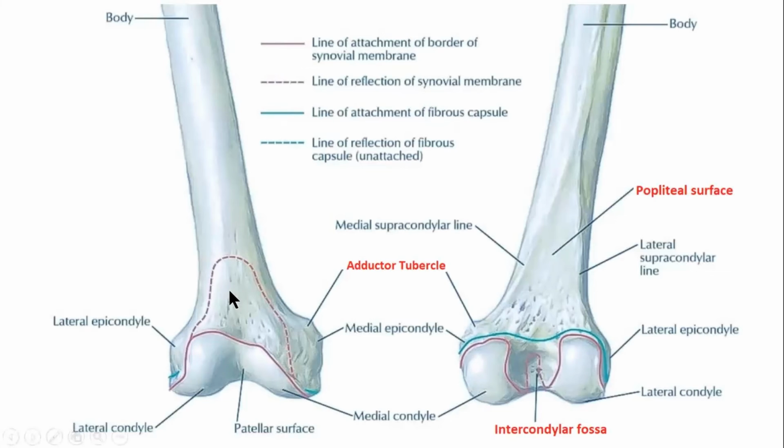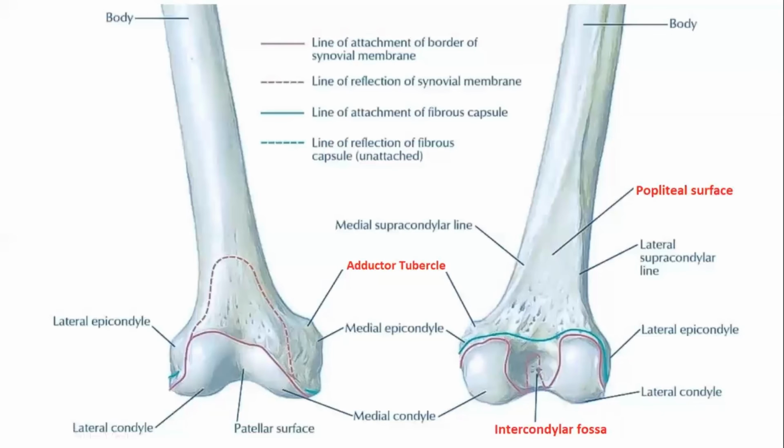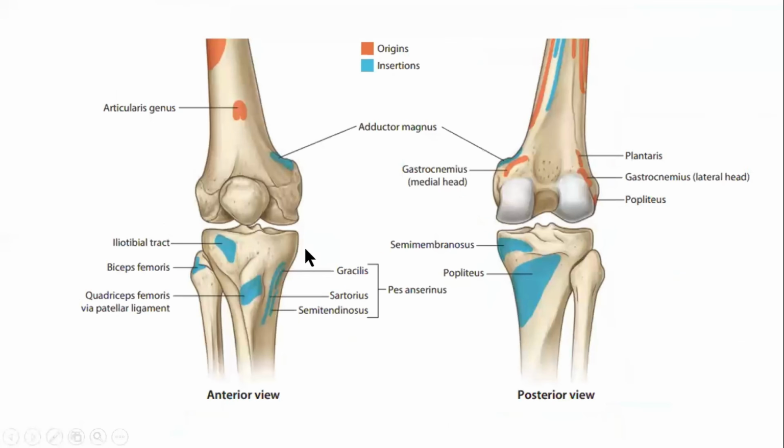So you could see now the adductor tubercle, right? This is the attachment of the gastrocnemius origin, medial head. Here you could see, again, a different picture for your interest. This is adductor magnus, I showed you already. This is the gastrocnemius medial head.